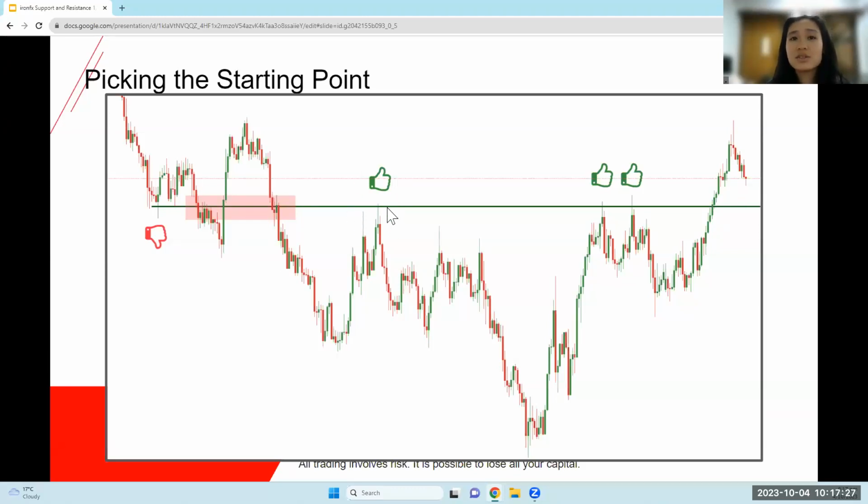We can stop the resistance level just at this green thumb here, and it would already be considered a pretty significant level because we have three swing highs that line up nicely at the same level.